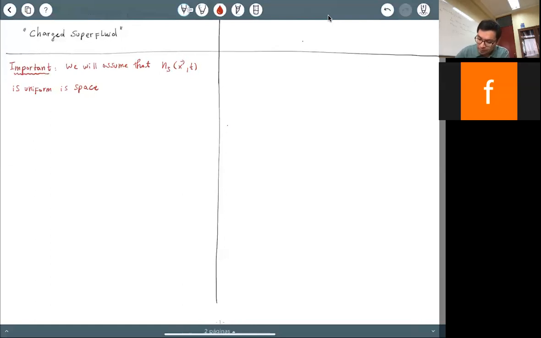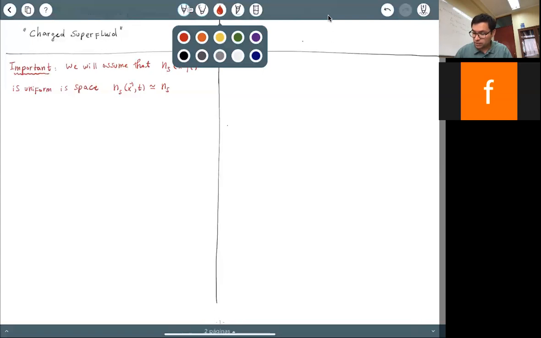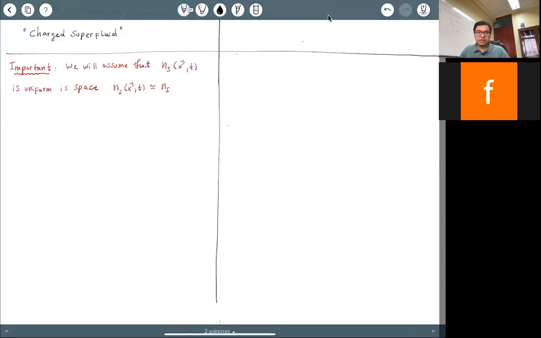So essentially what I'm saying here is that we will assume that this density of charge carriers will be essentially homogeneous.